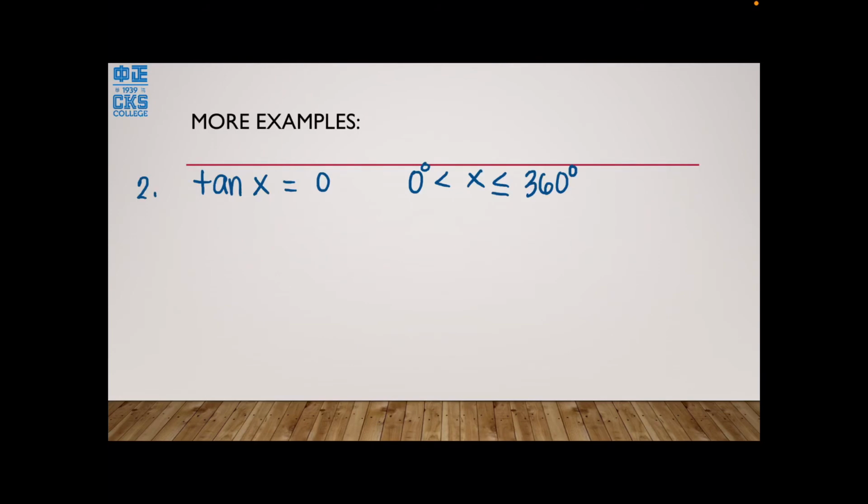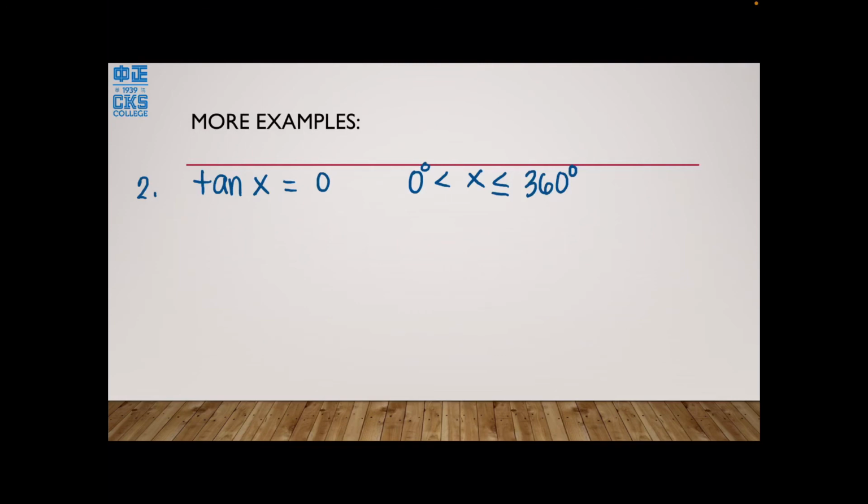So example number 2, tangent x is equal to 0, and x is between 0 and 360 degrees, inclusive of 360 degrees. Okay, so let us recall first, where is tangent 0? You will not find this in the 30, 60, and 45 degree table.